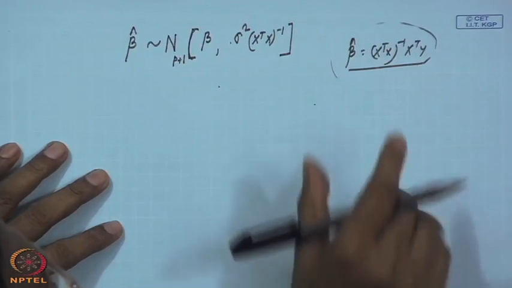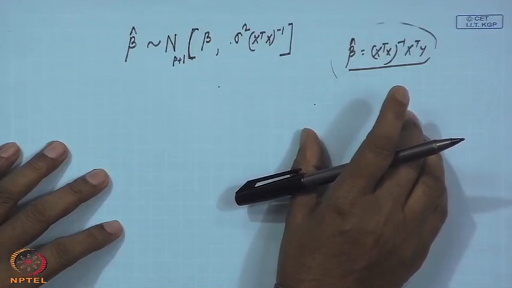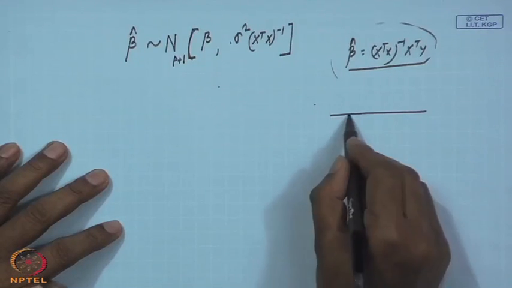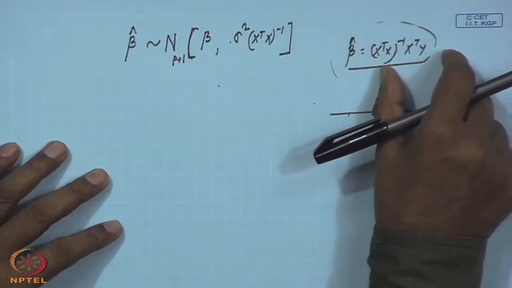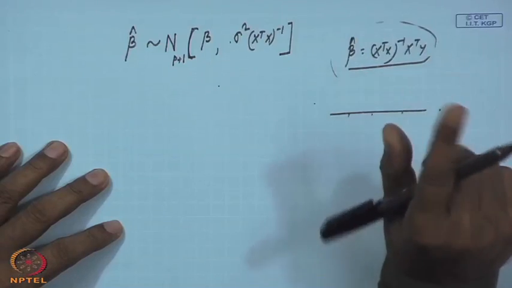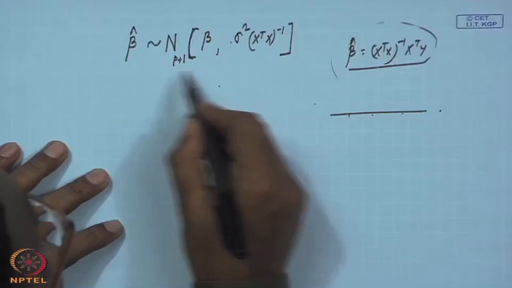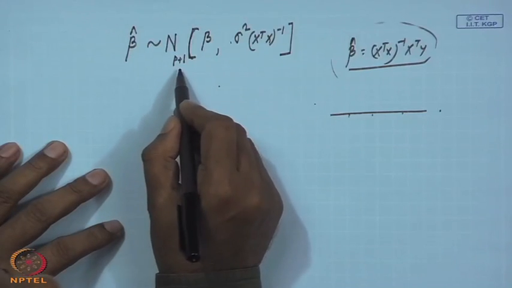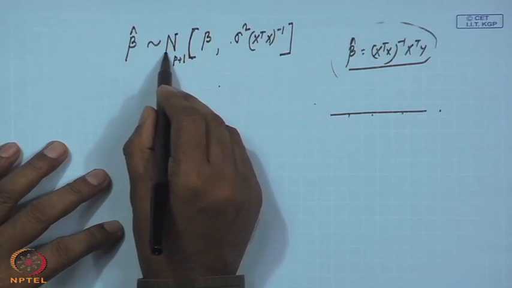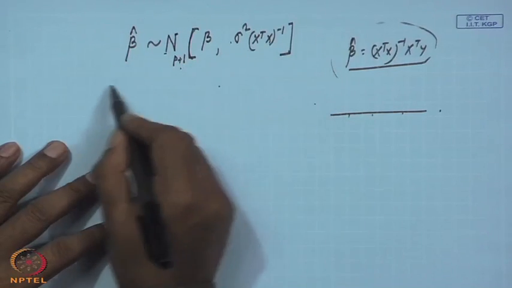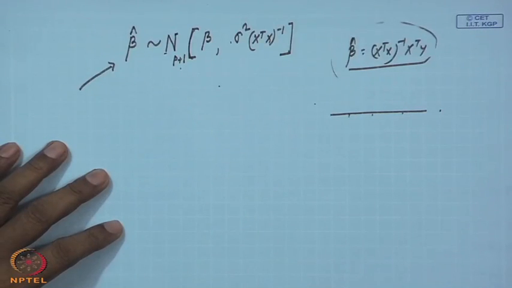Actually what is happening in this multiple regression case: you have different sets of x values, then you are calculating y values, and everywhere there is error. If there are n data points, n errors will be there. So, that error component also will be multivariate, n cross n. So, we are estimating p plus 1 parameters. So, beta is, we are assuming that this is multivariate normal with p plus 1 dimensions, and this is the distribution. Okay. This is the distribution of beta cap.